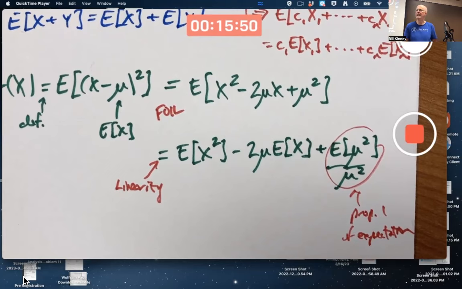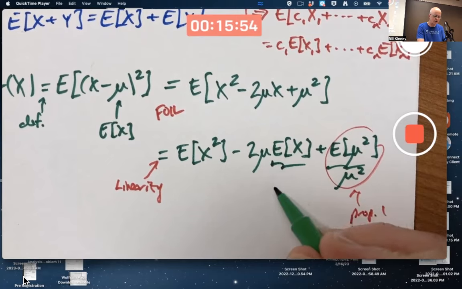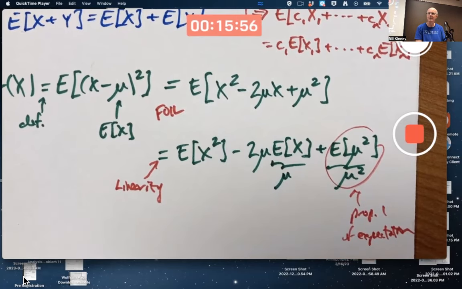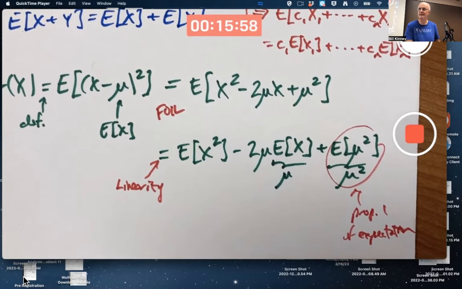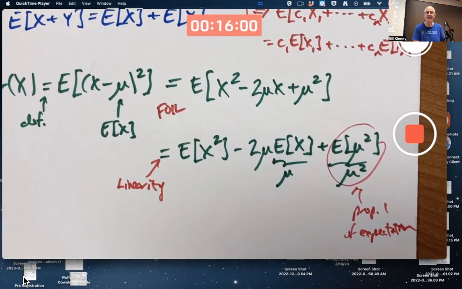Can this be simplified? Yes, it can. Because we know this equals mu, right? Mu and E of x, the expected value of x, are the same thing.